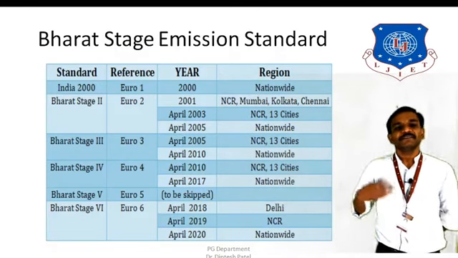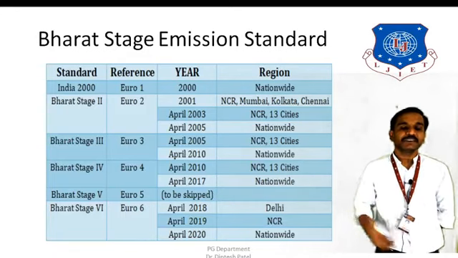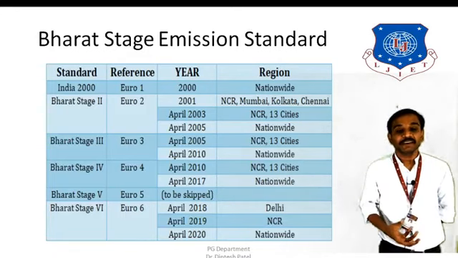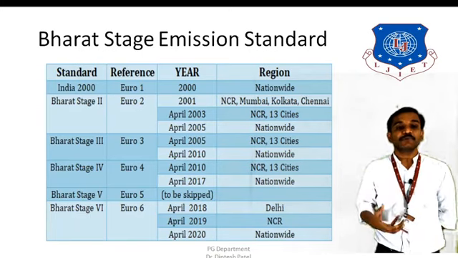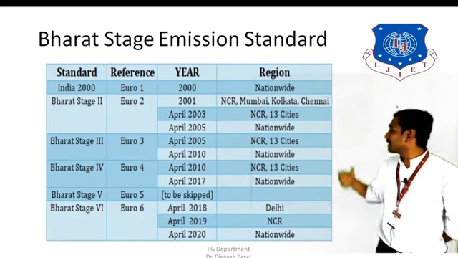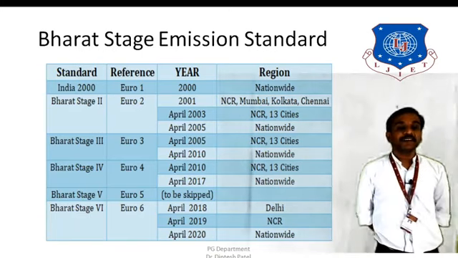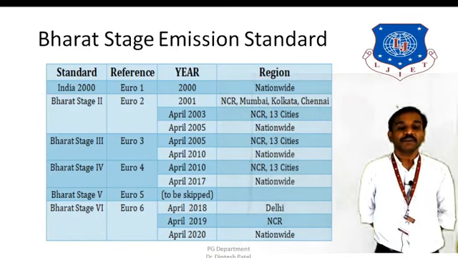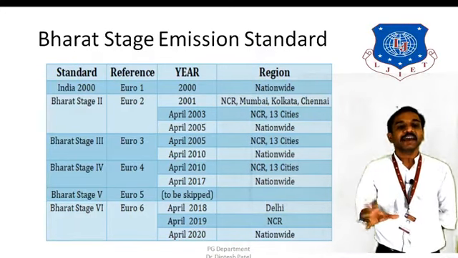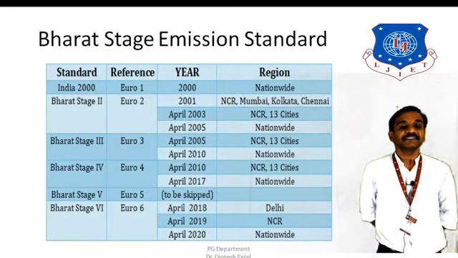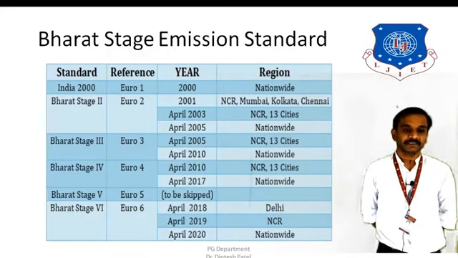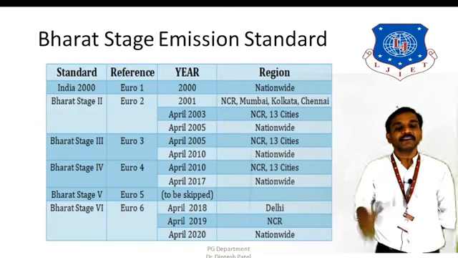Then after, from time to time, since the pollution is increasing and the number of vehicles is also increasing, these stages were upgraded such as BS2, BS3, BS4, BS5 was actually skipped, and currently we are having BS6, Bharat stage 6, which has been derived from Euro 6 as going on in India.